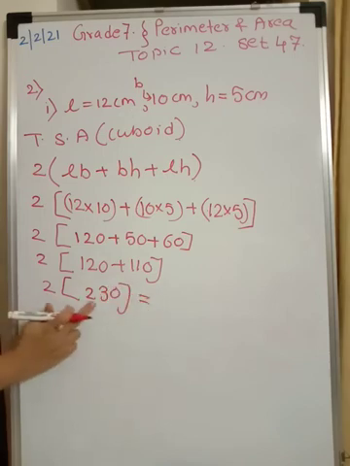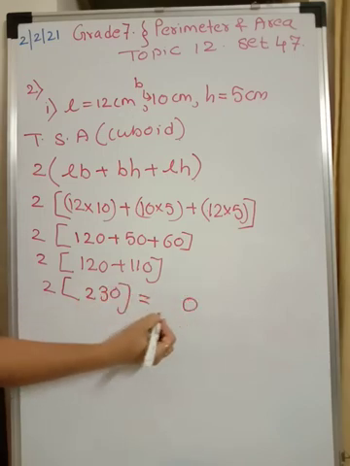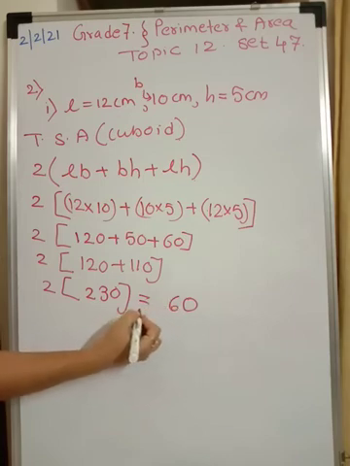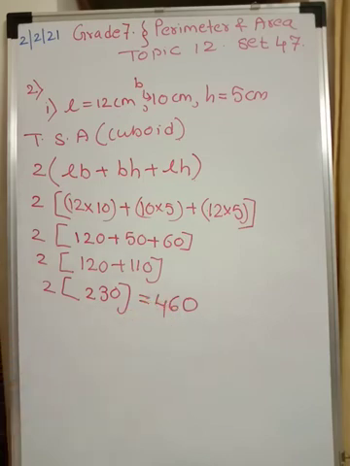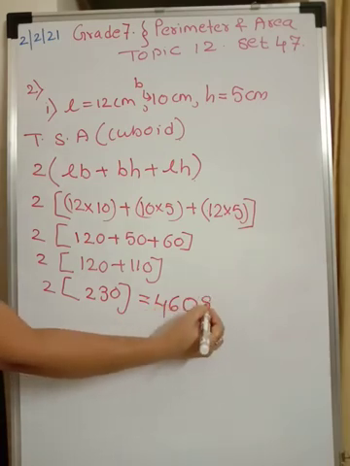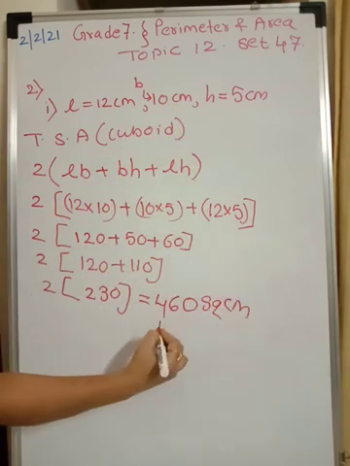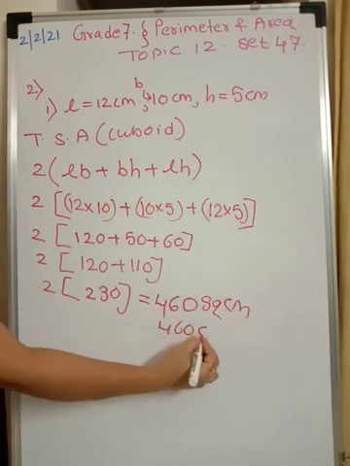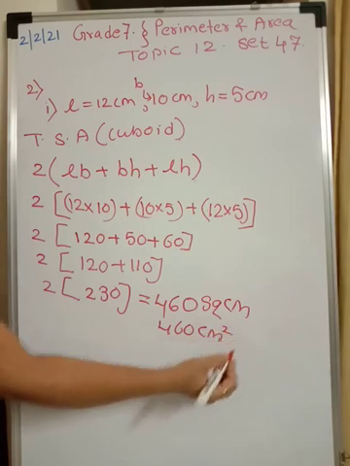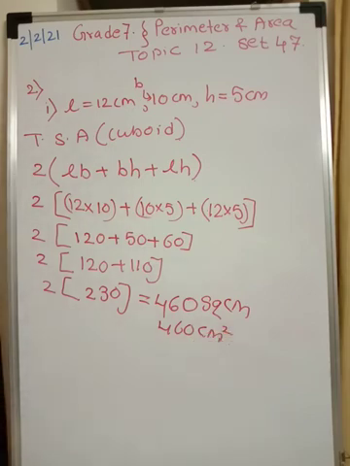If you multiply 2 with 230, you get 460. Now it is area, so it will be square centimeter, or you can write it as 460 centimeter square. I hope it is clear.